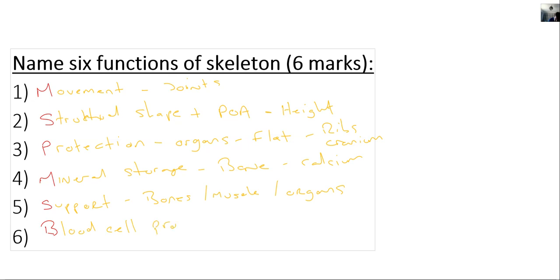I would hope along the lines of this, remember it's in the marrow of the bones, but we are looking at red blood cells, white blood cells, and our platelets and various other things that are needed for our blood. So those are our 6 functions of the skeleton.